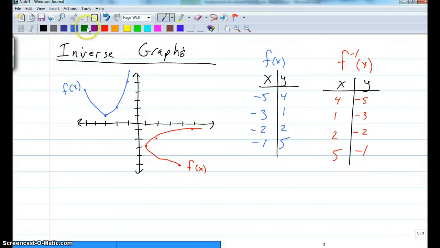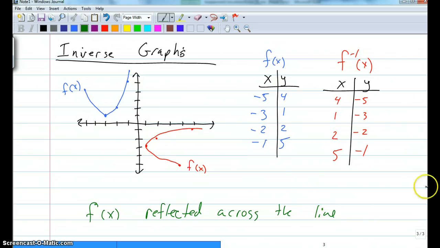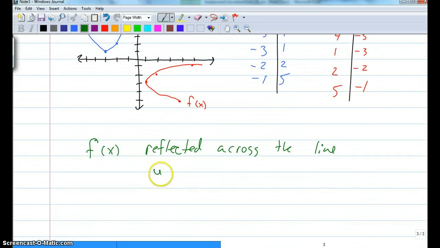Now, f of x gets reflected across the line y equals x to get the graph of the inverse of f of x.